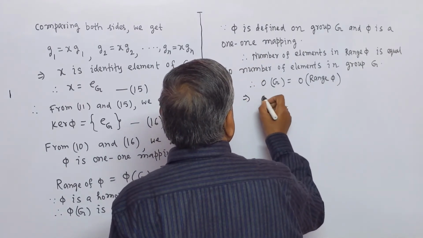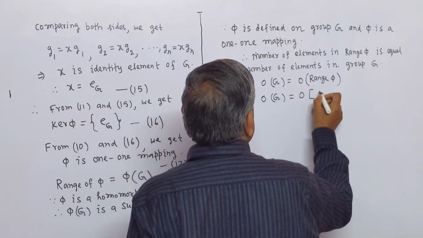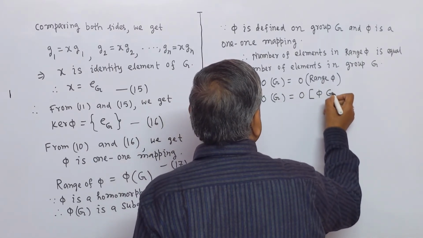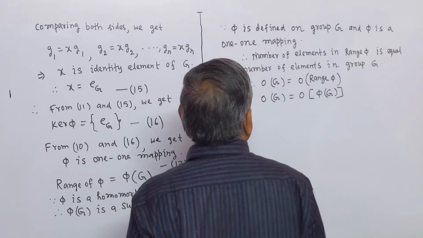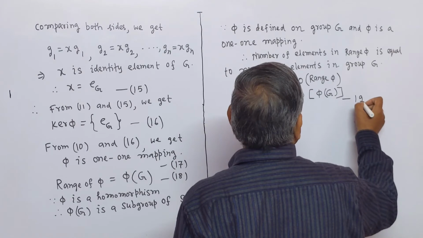Implies that order of G equal to order of phi G. This is number 19.